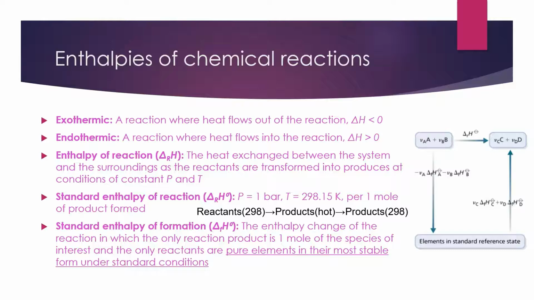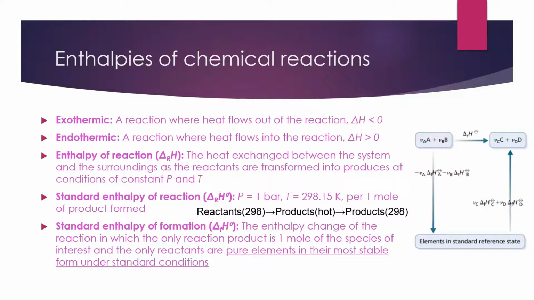A formation reaction is a reaction where the only product is 1 mole of the species of interest that we're talking about, and the only reactants are pure elements in their most stable form under standard conditions, and that's the degree there. So when we have a standard enthalpy of formation, this is the enthalpy associated with a reaction where that reaction is a formation reaction.